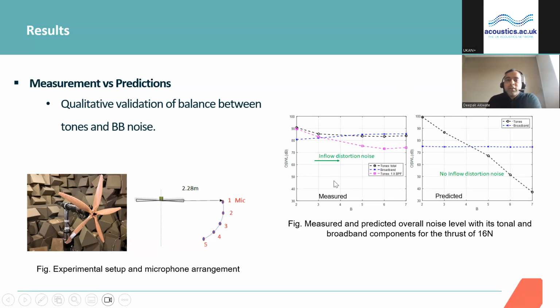One thing I would like to mention is that the difference between the measured amplitudes and the predicted amplitudes is quite high at high blade numbers due to the inflow distortion coming onto the blades, which contaminates our measurements. But this gives a qualitative validation for our predictions.